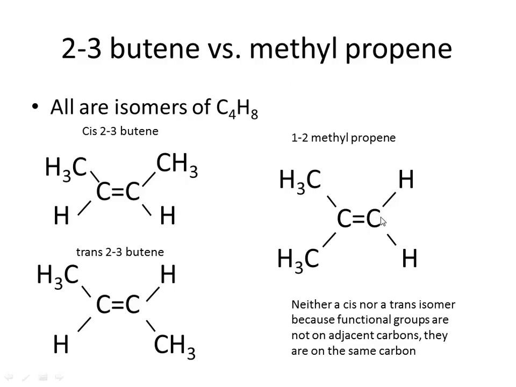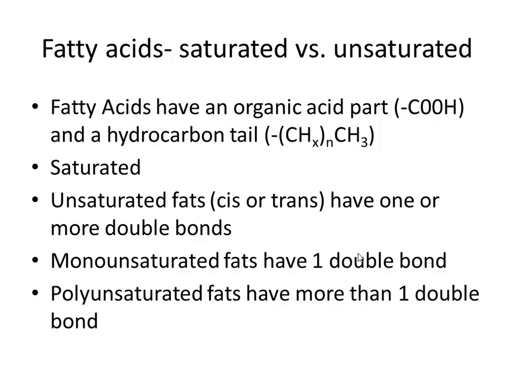No, because you always start with the functional group. So this would be 1, 2, 3. You start with the fun stuff first. Down first or up first? It doesn't matter. Since the double bond is between here and here, you say that these are the first two carbons. Okay? So this is not cis or trans. This is a different type of isomer. It's neither cis nor trans.